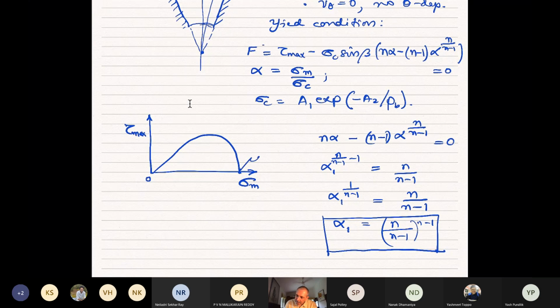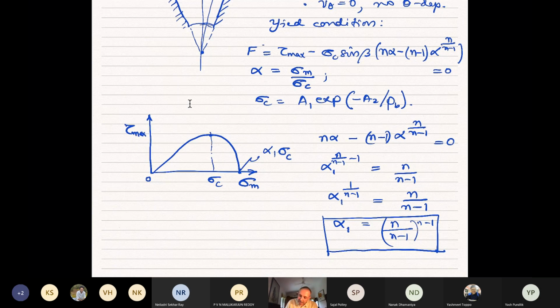So this corresponds to alpha 1 times sigma c. And where it is maximum, we have already proved that alpha is equal to 1, so sigma m is equal to sigma c. So this is what the yield function looks like.